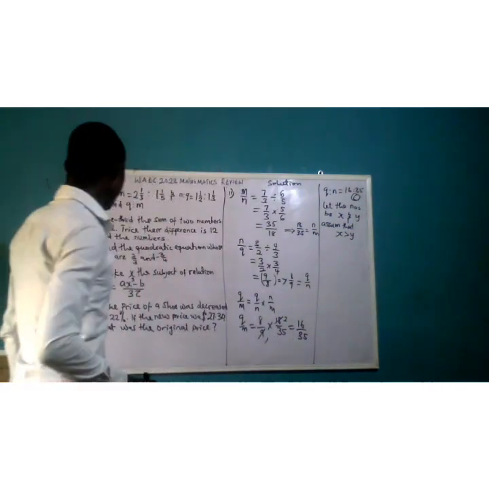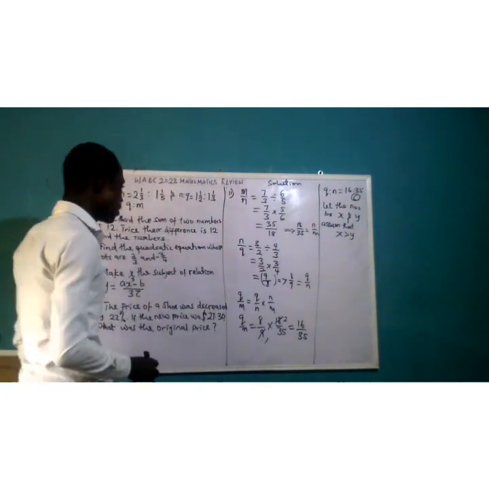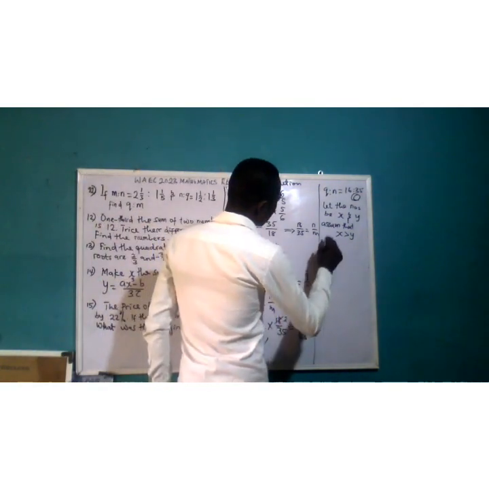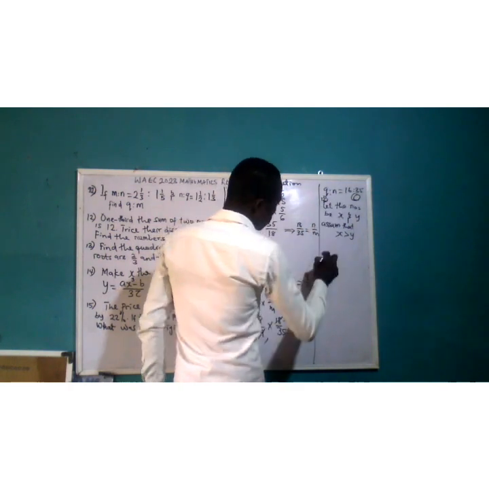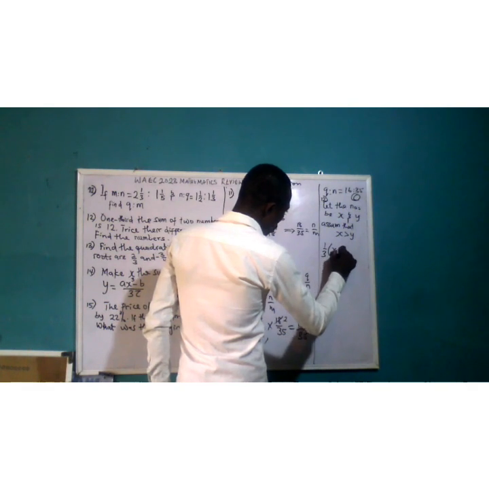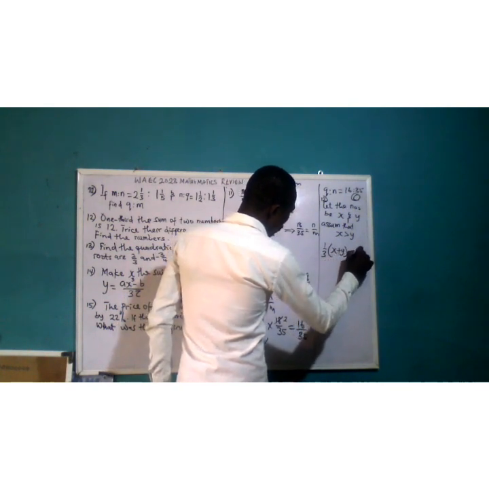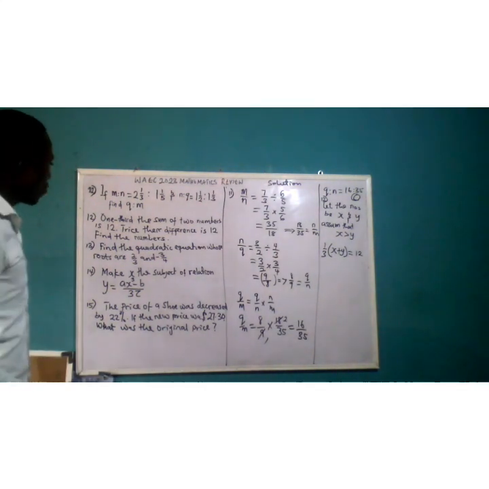Now by interpretation, we are told that 1/3 of the sum of these two numbers is equal to 12. That means 1 over 3 of their sum, which is x plus y, is equal to 12. Reading further, we are told that thrice their difference is 12.